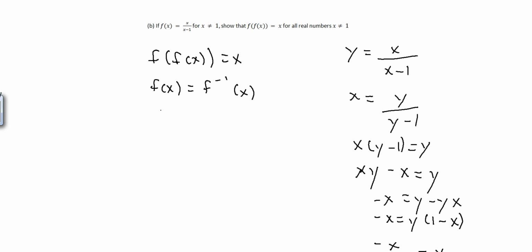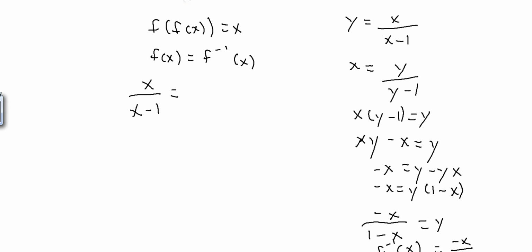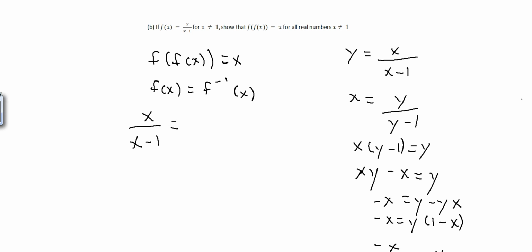Okay, so let's set this equation equal to that. x over x minus 1 equals, what was that? Negative x over 1 minus x. Now these two expressions are pretty similar. I noticed in the denominator I have x minus 1 on the left side and 1 minus x on the right side.